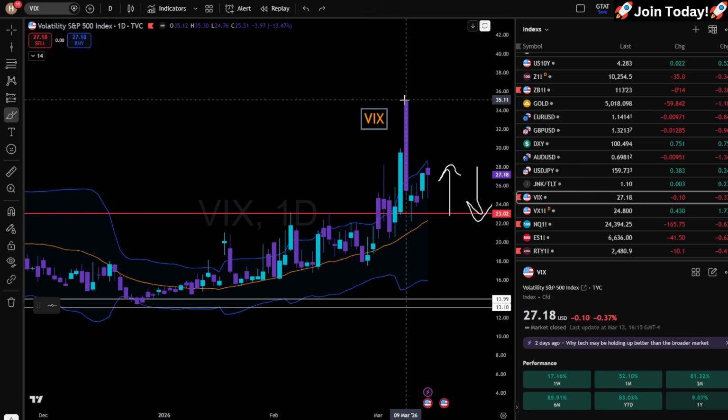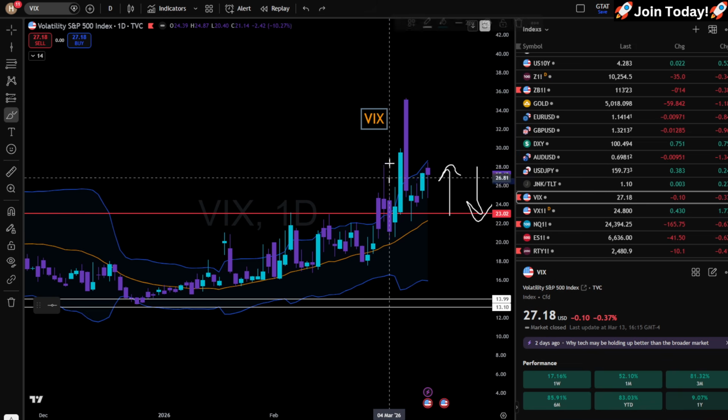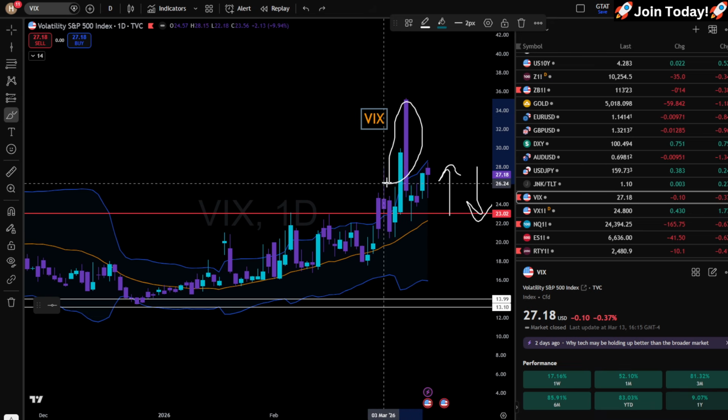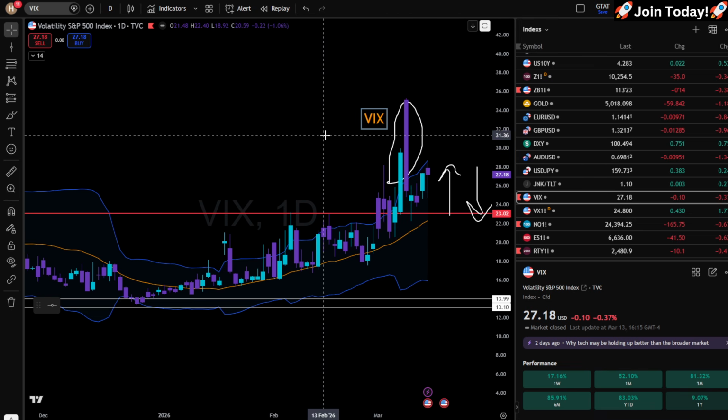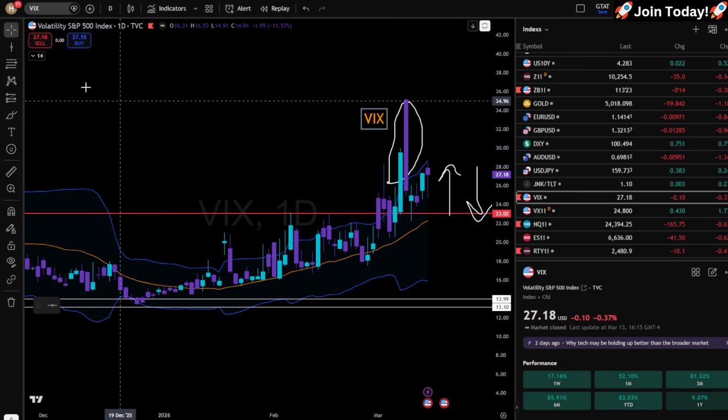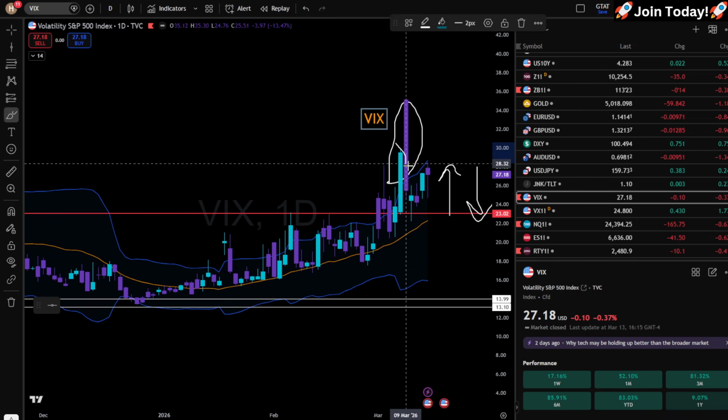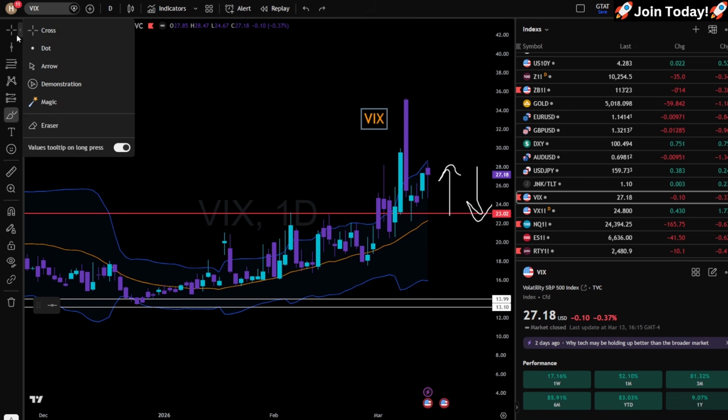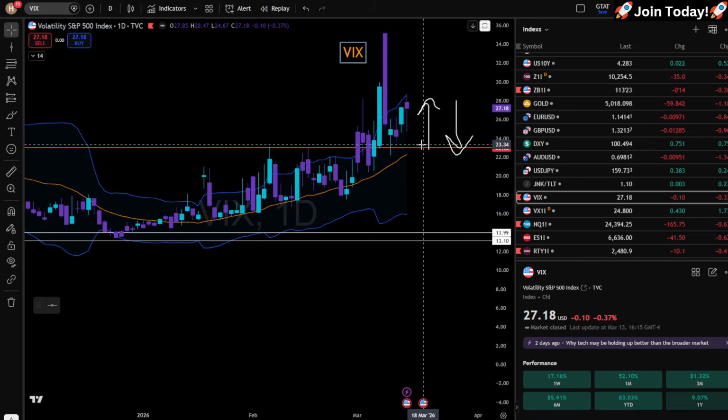And what does that mean? Once again, when the VIX is very far overextended in terms of the Bollinger Bands, when it's trading very far out of the Bollinger Bands, the VIX returns back into it. That is what these standard deviation levels on the Bollinger Bands denote. When something is trading outside of the upper band, what does that mean mathematically?